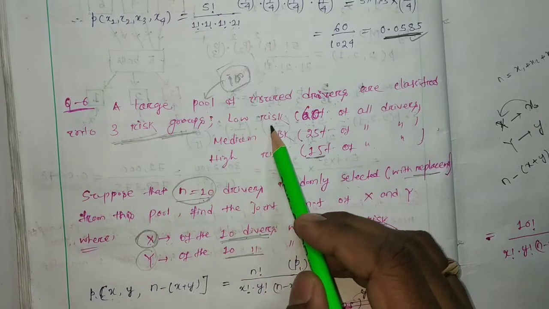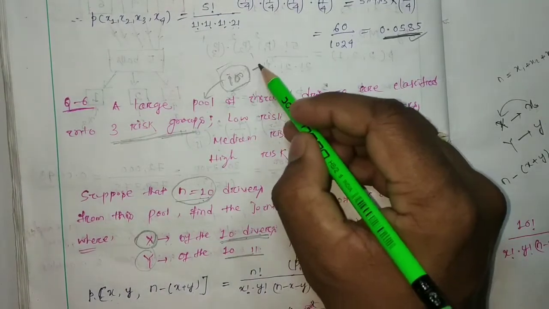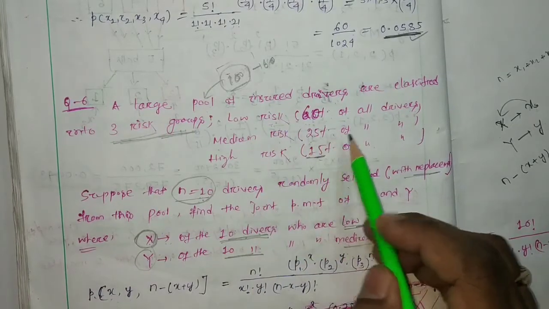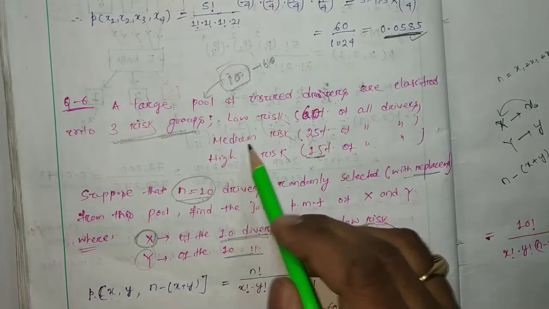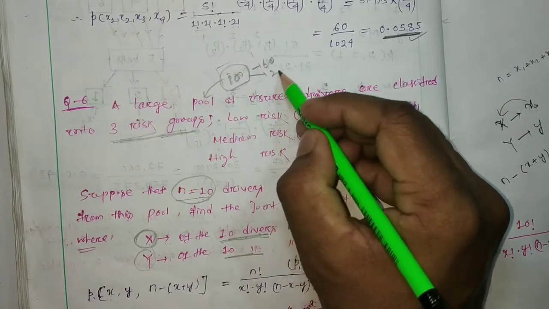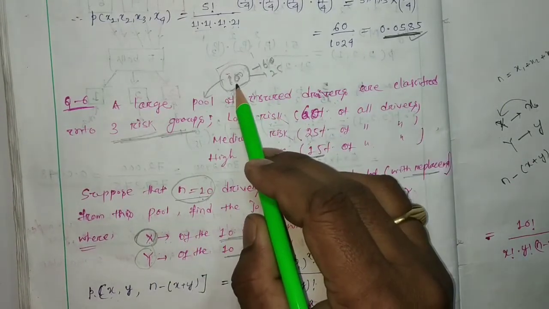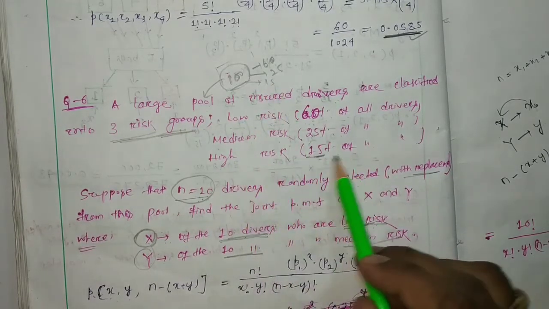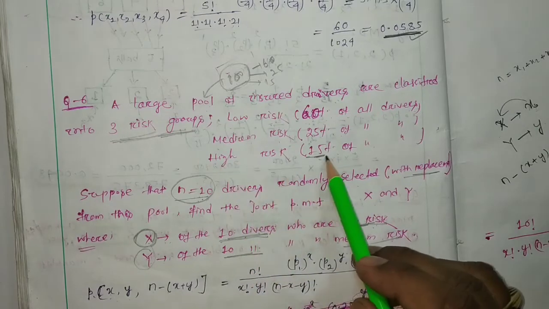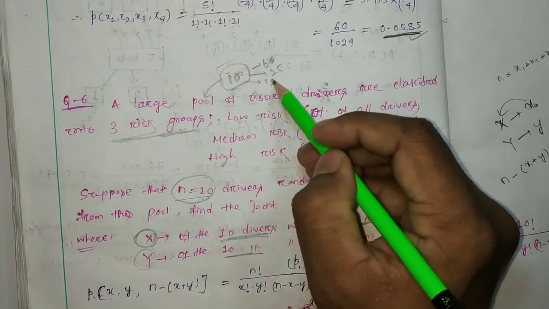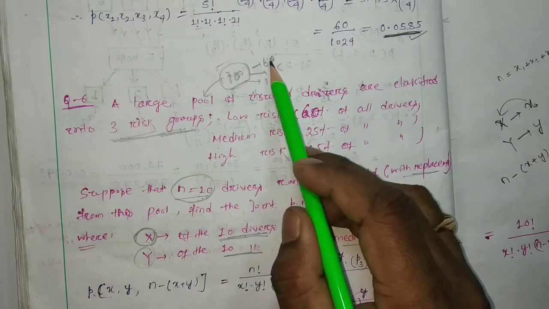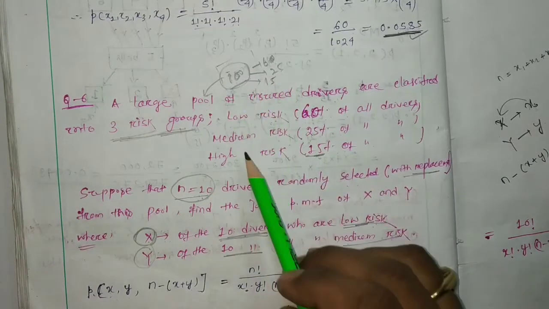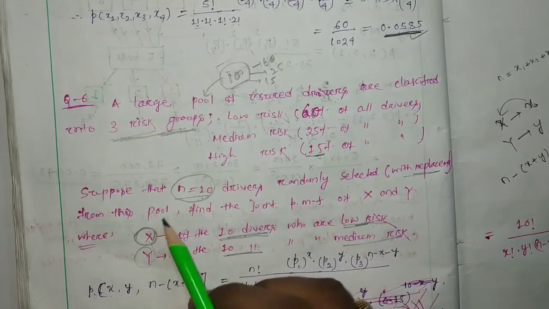So low risk driver 60% means 60 persons or 60 drivers belong to low risk. 25% of all drivers belong to medium risk, that means 25 persons if 100 is your total, and 15% will be high risk, because high risk belongs to 15%. So if 100 persons are in the pool, then 60 belong to low, 25 will be medium, and 15 will be high risk drivers.